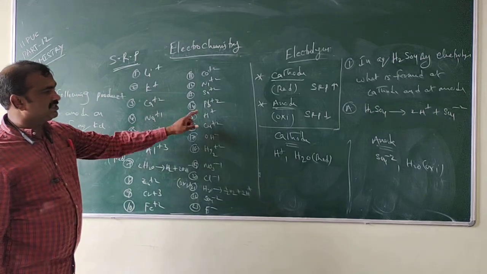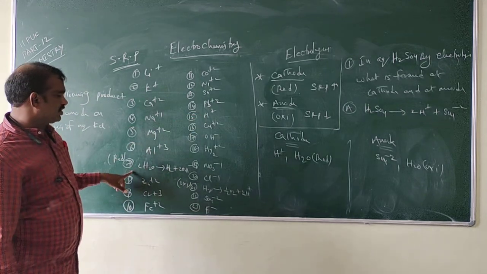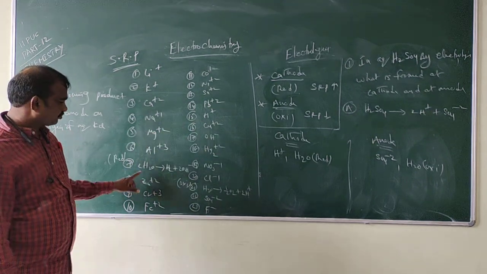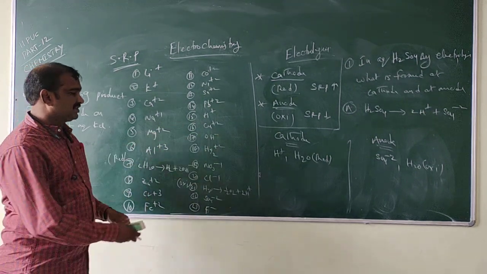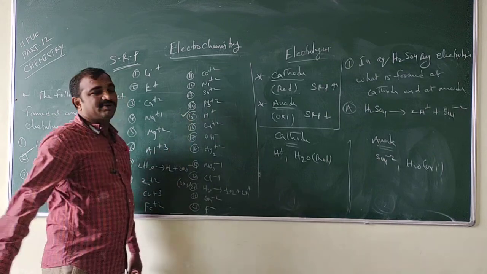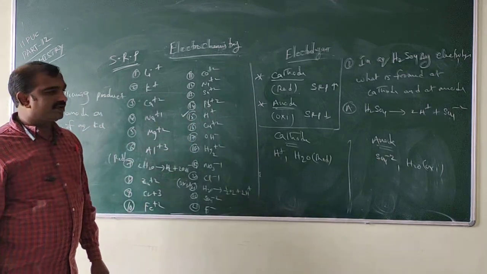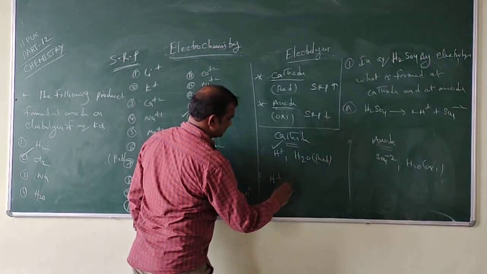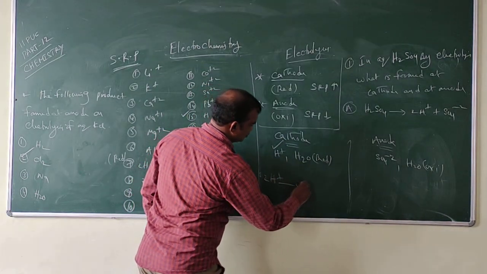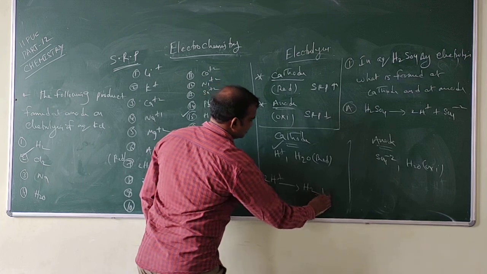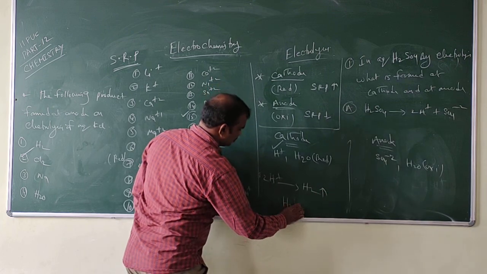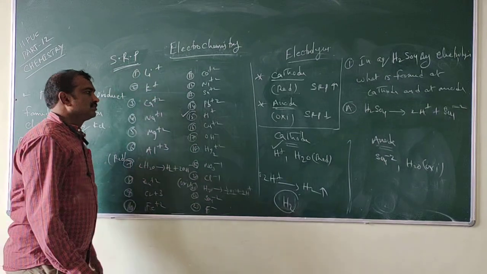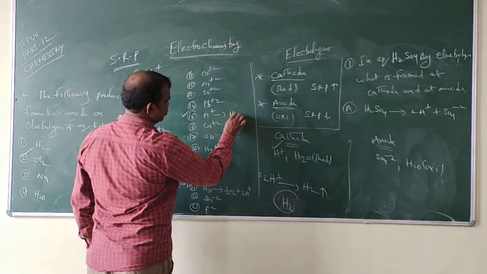Look at here, H plus is here and H2O reduction is here. H plus is having the highest SRP value. So 2H plus gives H2 gas. So H2 is formed at cathode. Simply you can write here like this, H2.